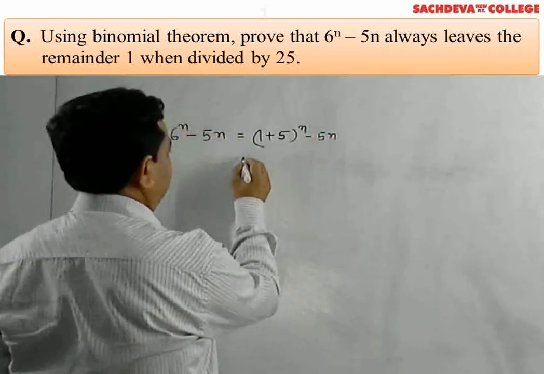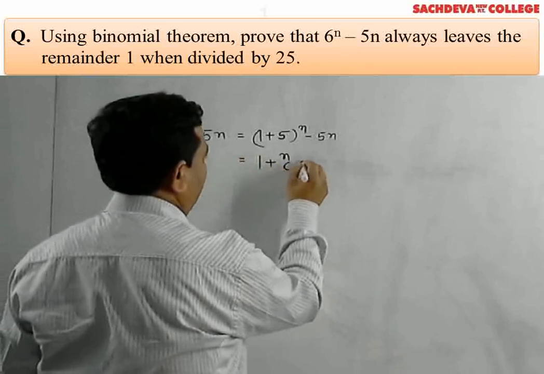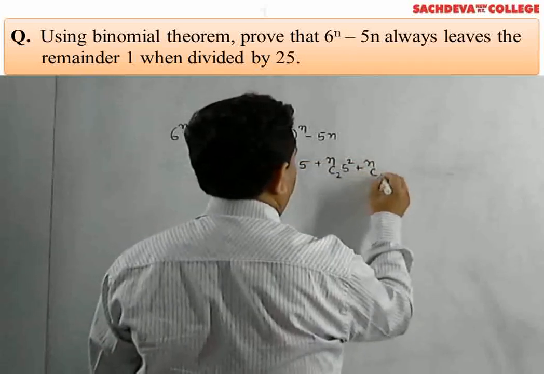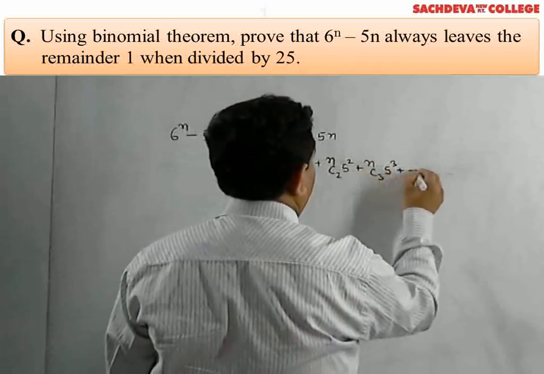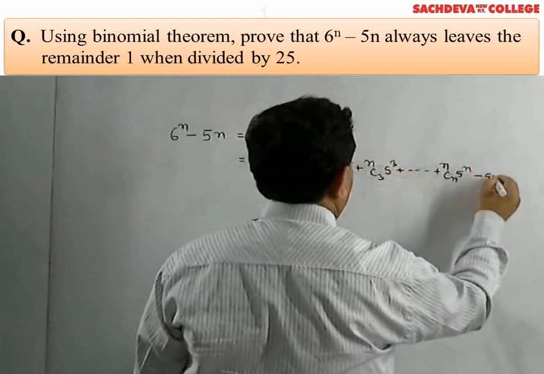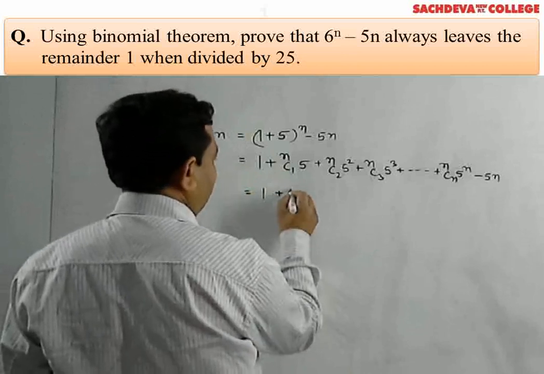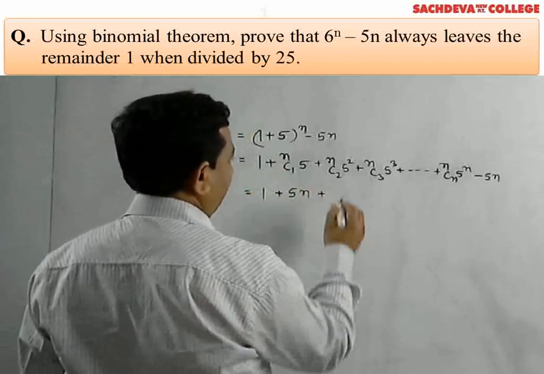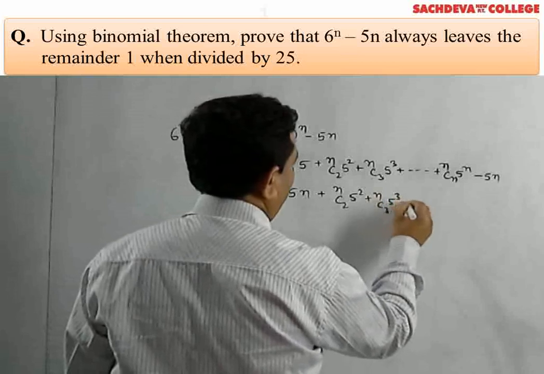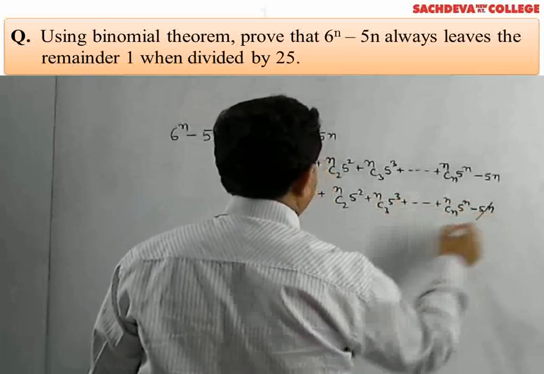Using binomial theorem, this will be equal to 1 plus nC1 into 5 plus nC2 into 5 square plus nC3 into 5 cube plus and so on plus nCn into 5 to the power n minus 5n, or will be equal to 1 plus nC1 is n, it means 5n plus nC2 5 square plus nC3 5 cube plus and so on nCn 5 to the power n minus 5n, and this cancels by this.